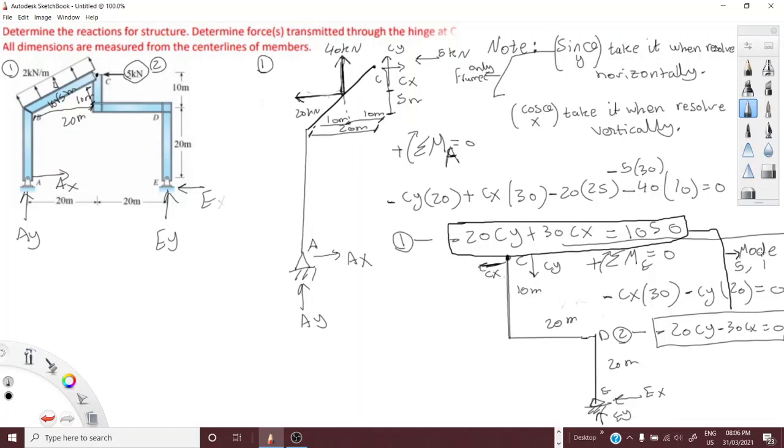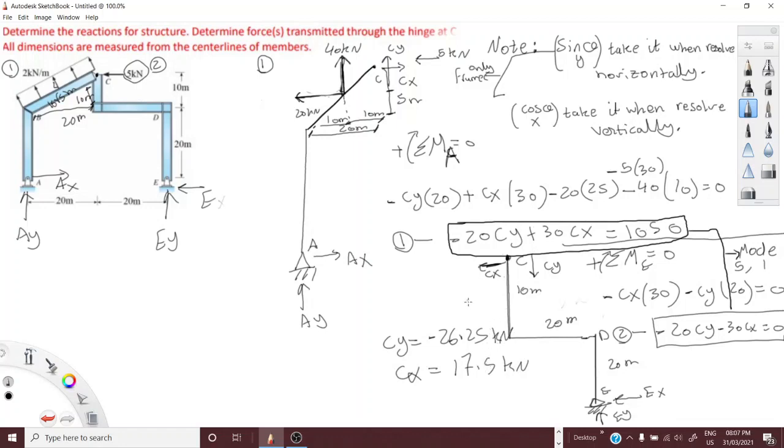So minus 20 plus 30 is 1050, minus 20 minus 30 is 0. So Cy will result for me negative 26.25. Cx will result for me 17.5. I need to put kilonewton.